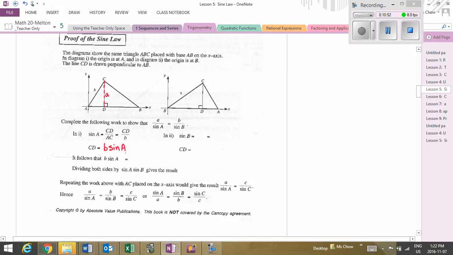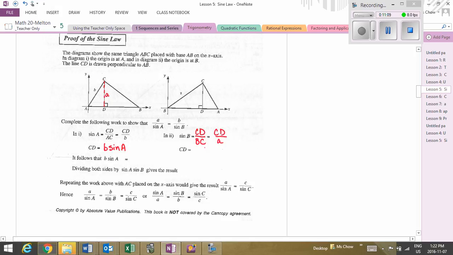Similarly, if we take a look at sine B, it is going to equal CD over BC, and BC is length a.